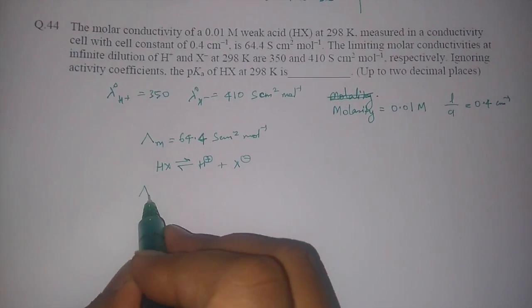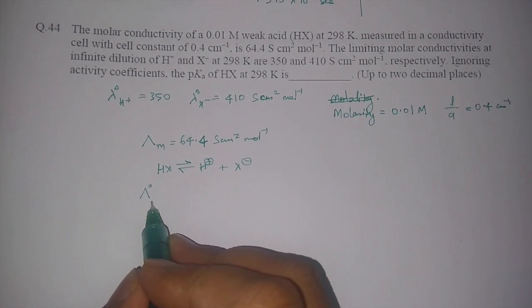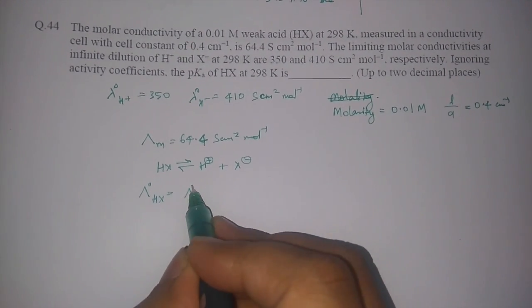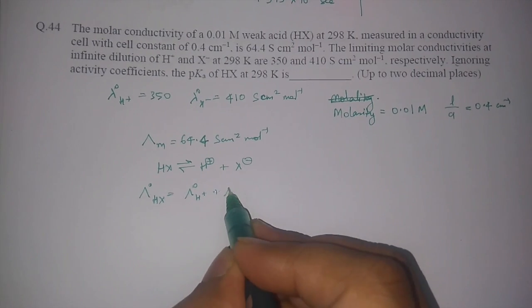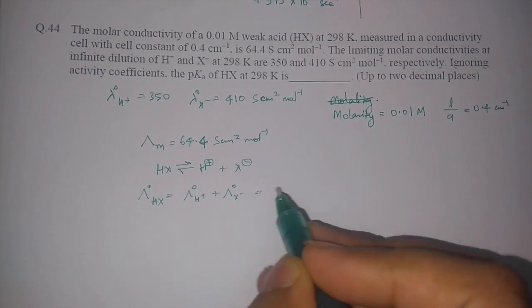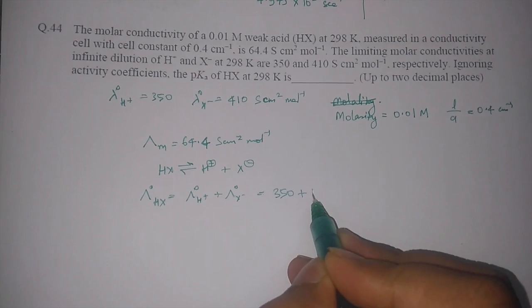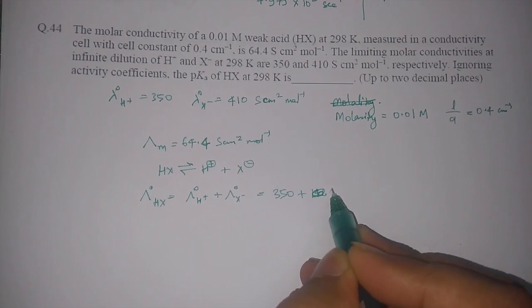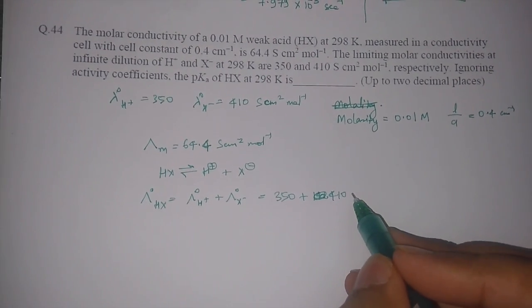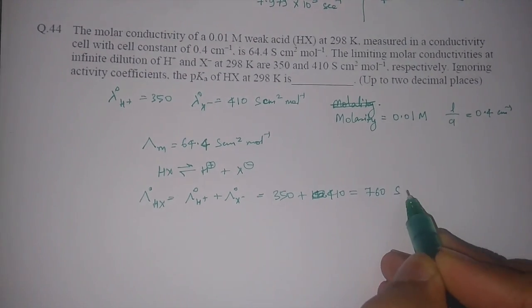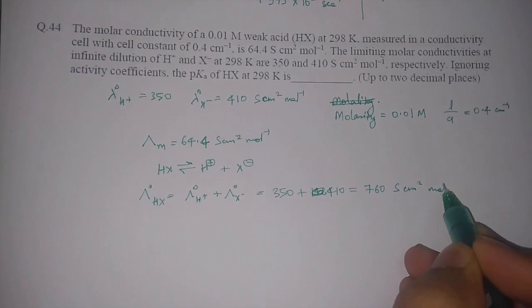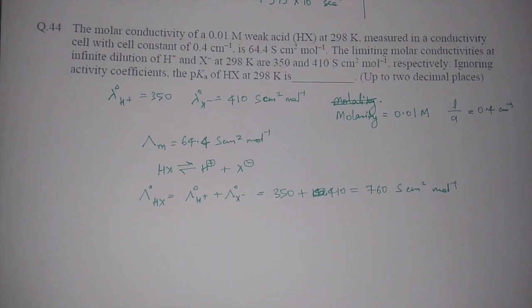So at infinite dilution, your lambda naught HX will be equal to lambda naught H plus plus lambda naught X minus. If you put both of the values, 350 plus 410 will give you 760 Siemens centimeter square per mole. So this is the value at infinite dilution.